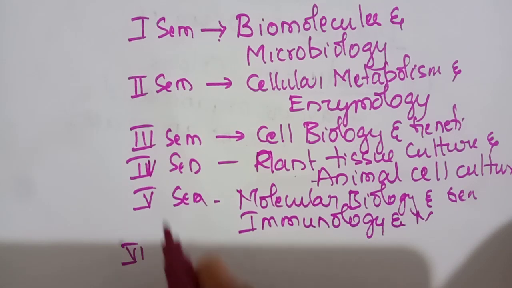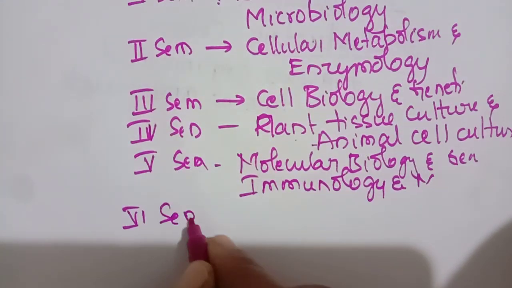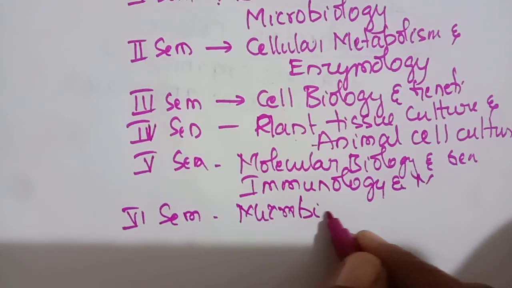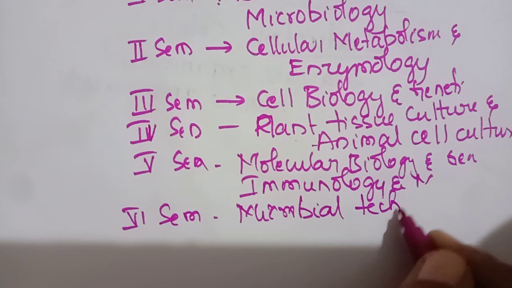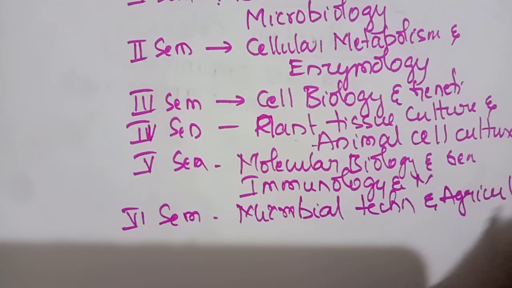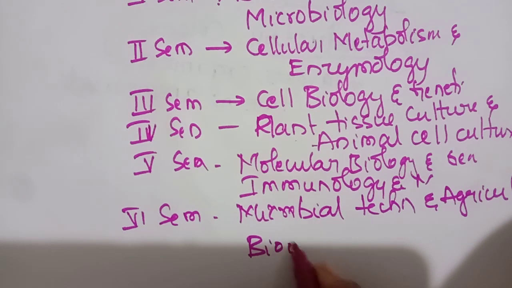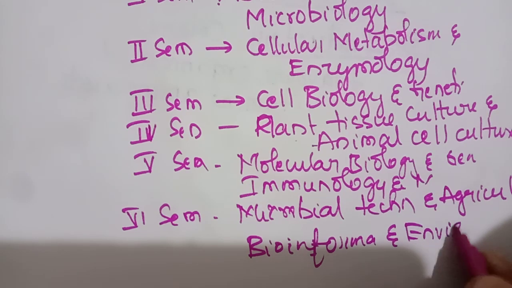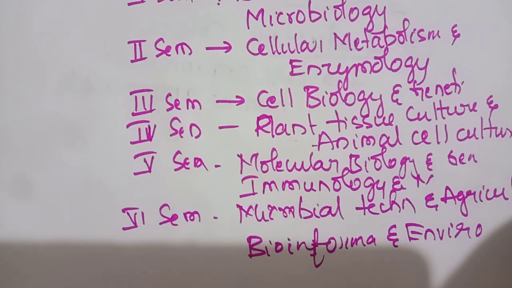In the last semester you will study microbial technology and agriculture biotechnology, as well as bioinformatics and environmental biotechnology. So this is a brief briefing regarding the subjects you are going to study in your BSc Biotechnology.